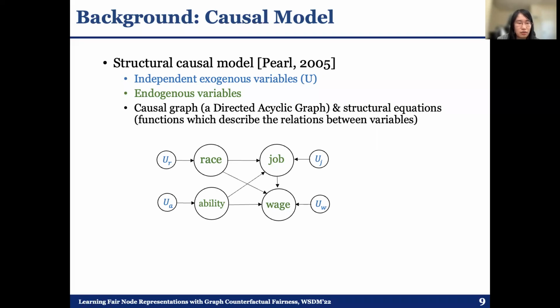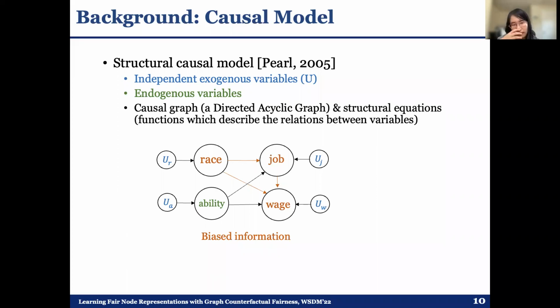It can also influence the job and wage, but usually if we directly take all the data into the training process of a machine learning model, then we will probably get a biased result, because race, job and wage, this kind of information, are all biased. So a causal model uses a causal graph to describe these causal relations between variables.